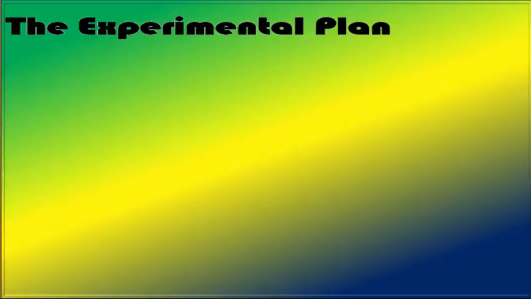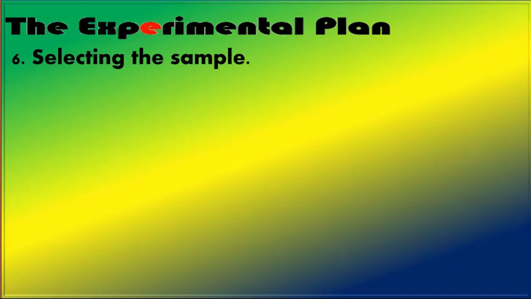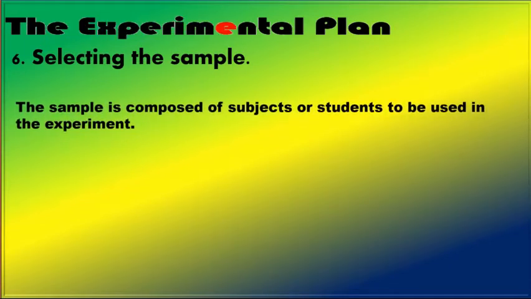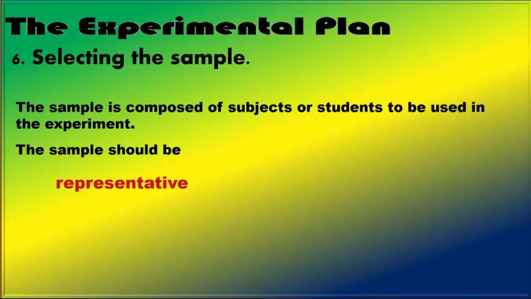The next step is selecting the sample. The sample is composed of subjects or students to be used in the experiment. The sample should be representative, large enough, and selected properly to be able to give valid and reliable generalizations.